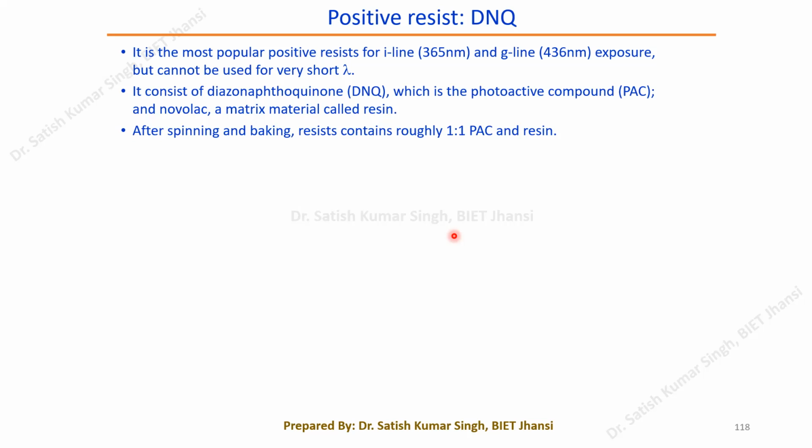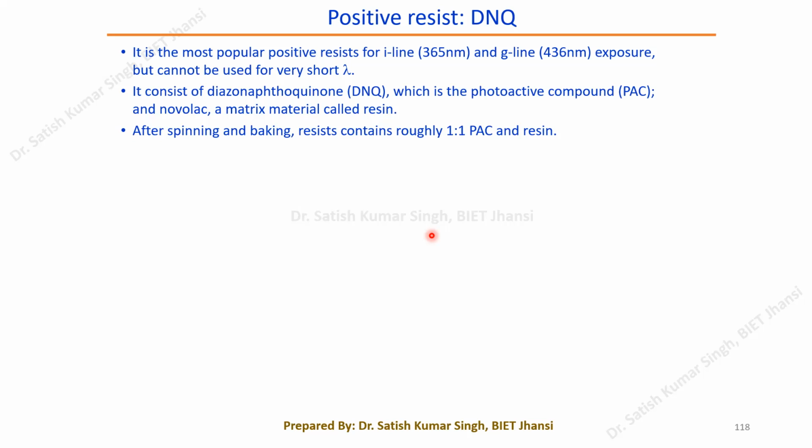Basically, in diazonaphthoquinone, this material has a photoactive compound, which is a photosensitive material with a certain chemical structure. When it gets exposed to light, certain chemical bonds break, and it forms a particular carboxylic acid in the presence of water.